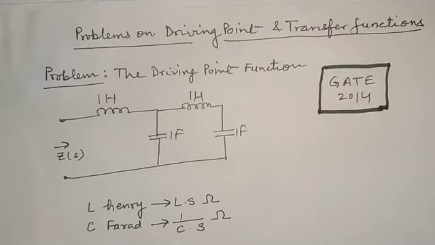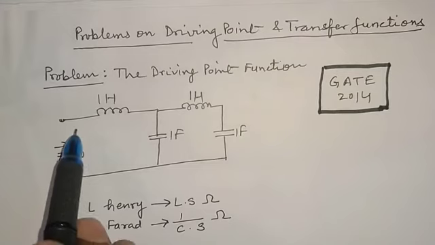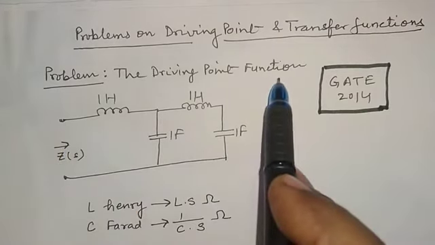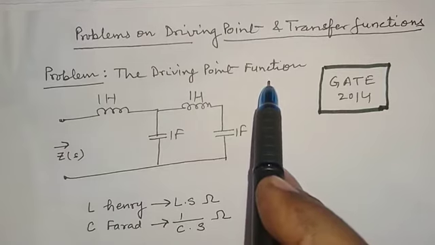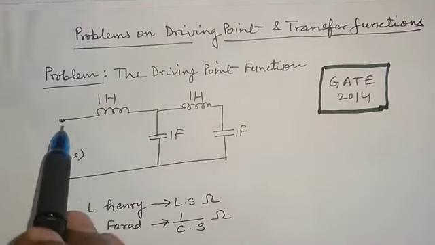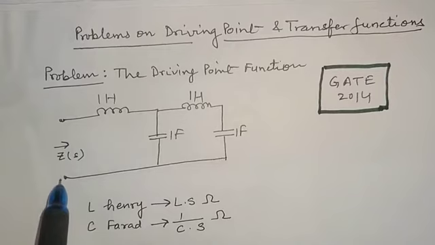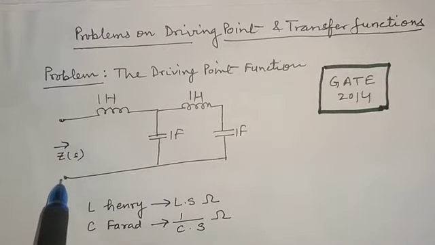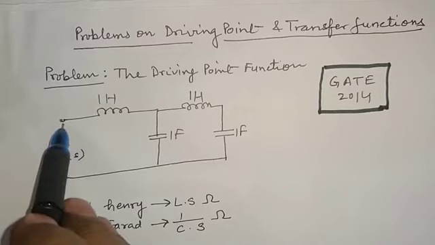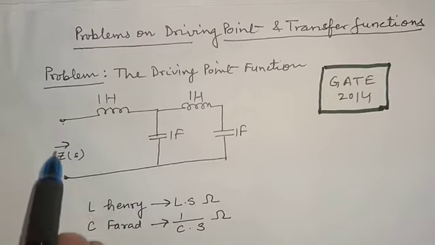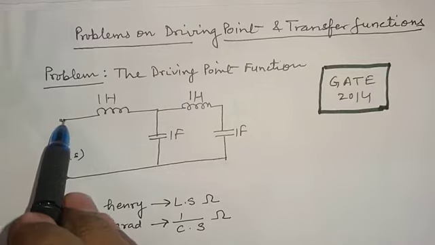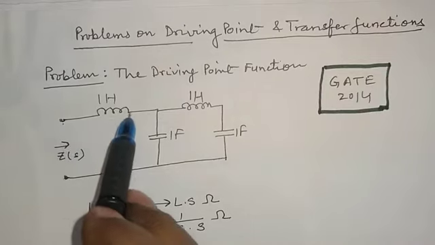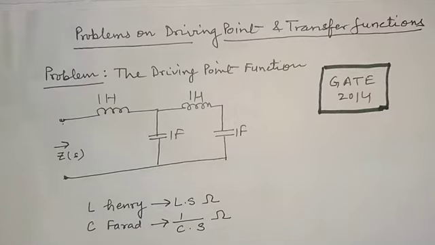Therefore, if for this question a driving point function is to be calculated, then we will consider a voltage between these 2 points, and one current will be flowing from this point to the rest of the circuit.